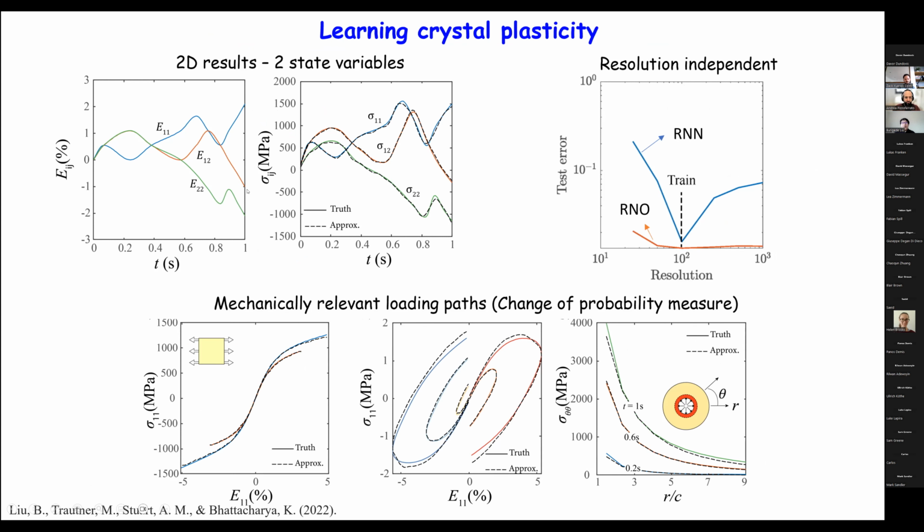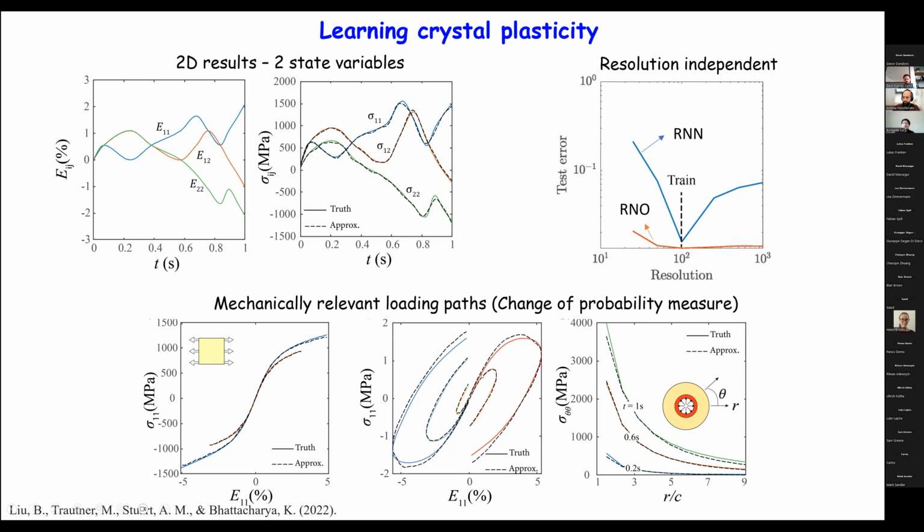Then we test it using the so-called mechanically relevant loading processes, which are deterministic: this is tension, this is tension-compression, this is cavity expansion. These are deterministic functions, and you can see that we are still kind of providing some guarantee of error bounds. You can see that the error is not going completely off.